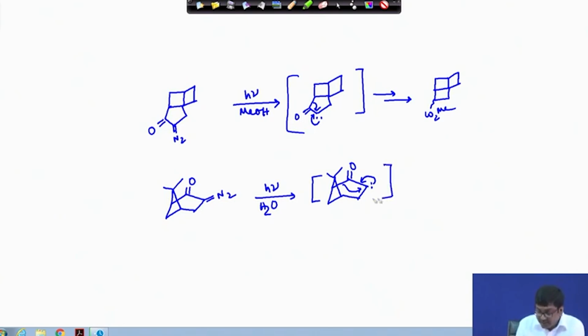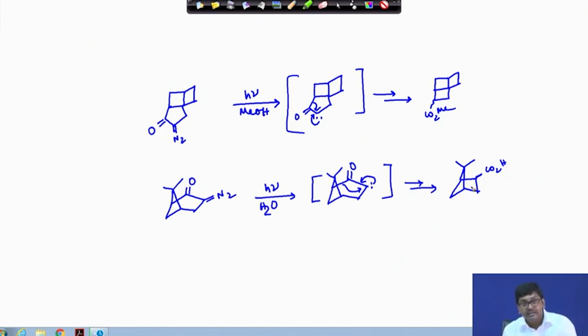After that, the nucleophilic attack of water on the ketene moiety will give the 5-member ring from here, and overall the product will be this.